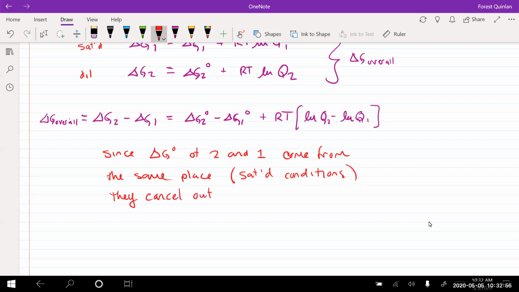Since the delta G naughts are going to be coming from saturated down to the 1 molar, these guys cancel each other out.